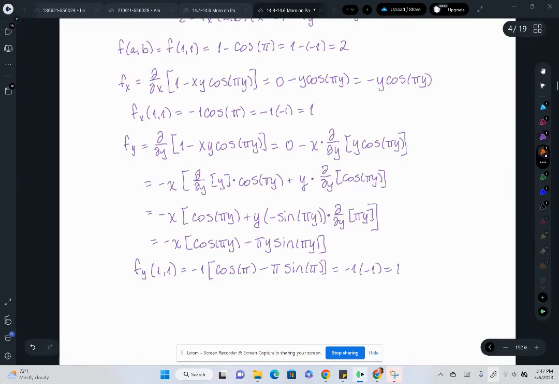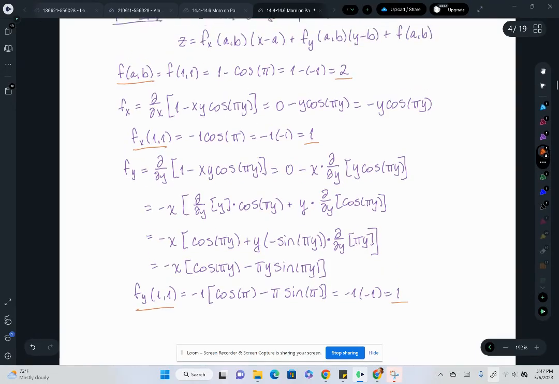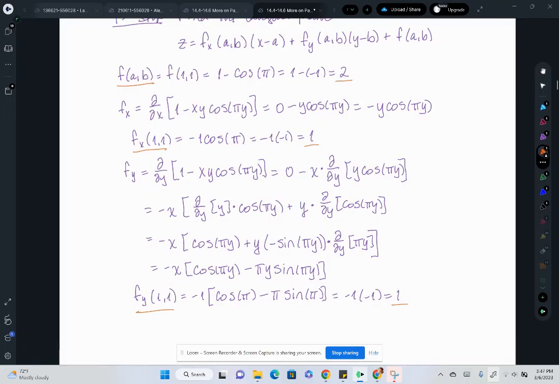Okay, I have all my pieces. I have f sub y is 1, f sub x is 1, f of ab is 2. I'm going to plug those all into the equation at the top of the screen for the equation of my tangent plane.